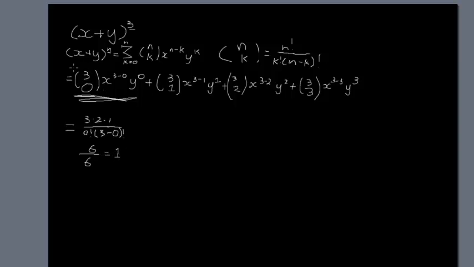So the first part of our problem here is going to be 1. Now we can just erase all of this. No, wait, no need to. And so x to the power of 3, continuing on, y to the power of 0, which is practically 1, so we can just get rid of that.